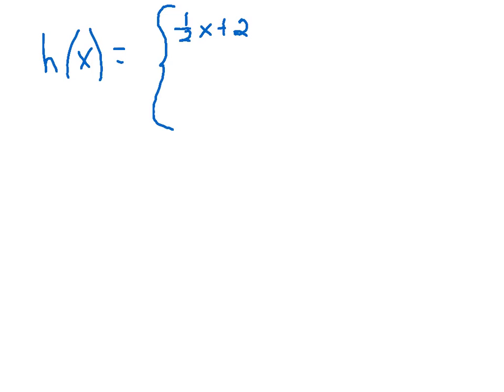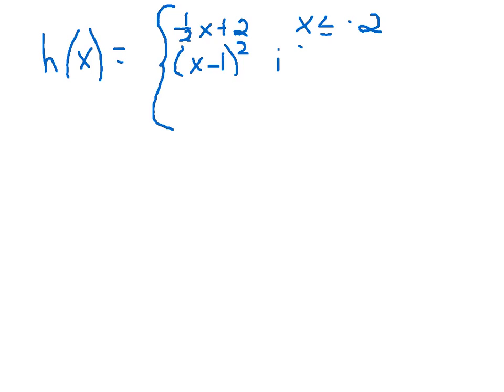Alright. This one, let's see, is going to be h of x equals, this will be a 3-er, 1/2 x plus 2, and that's going to occur when x is less than or equal to negative 2. The second piece is x minus 1 squared.